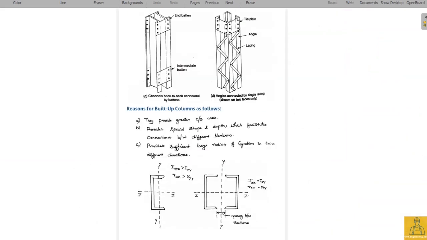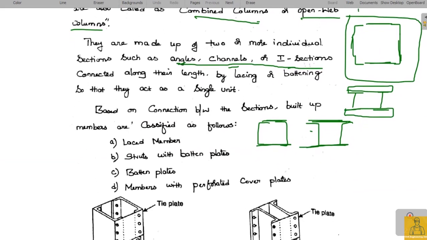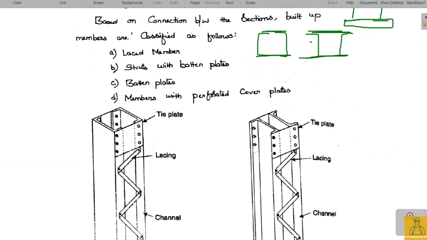And generally, based on the connection, we can classify these built-up column compression members as laced members, struts with batten plates, and members with perforated cover plates. The difference is very small. When I'm saying that two individual members have to be connected, there is a connecting system.